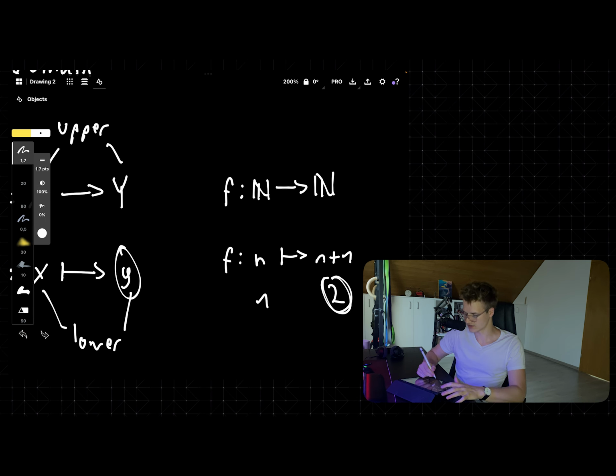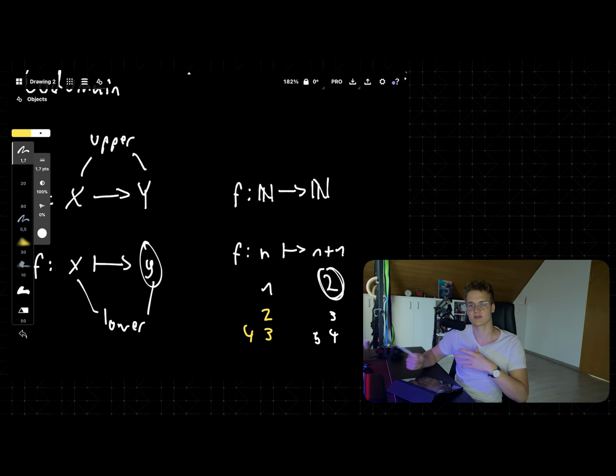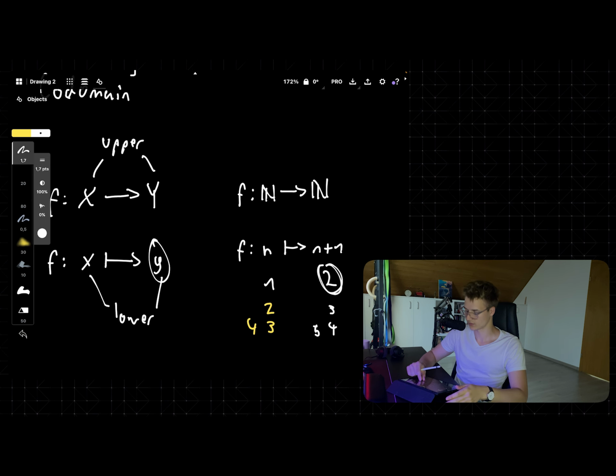But the left-hand side doesn't depend on anything. If I choose 2, 3, 4, doesn't really matter. This one, however, does matter. Because the right side is determined by the left side, but the left side is not determined by the right side at all, okay? That's why we say y is the dependent variable, and x is the independent variable, okay?